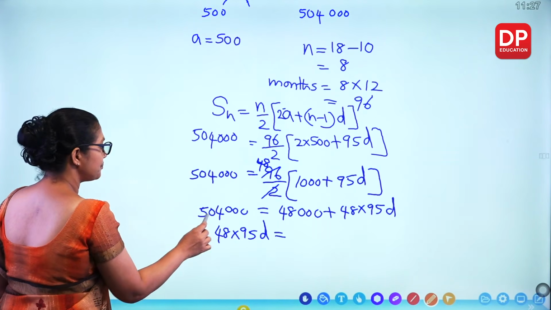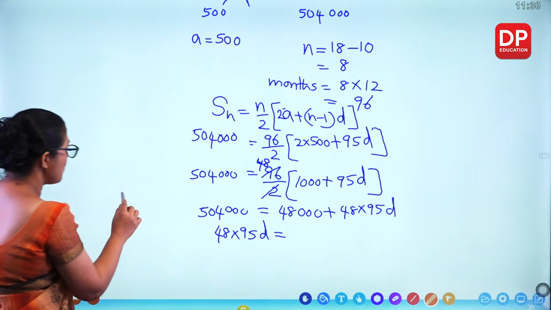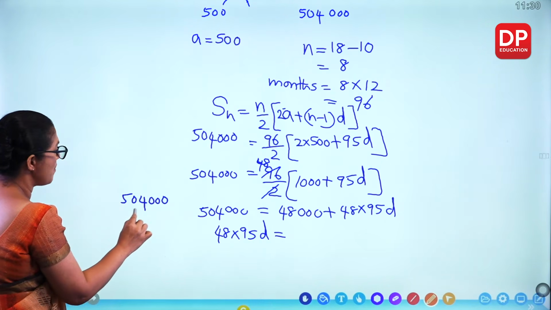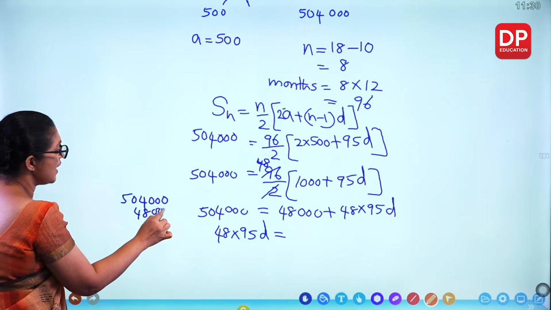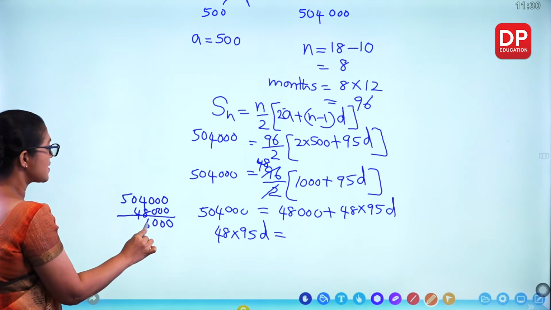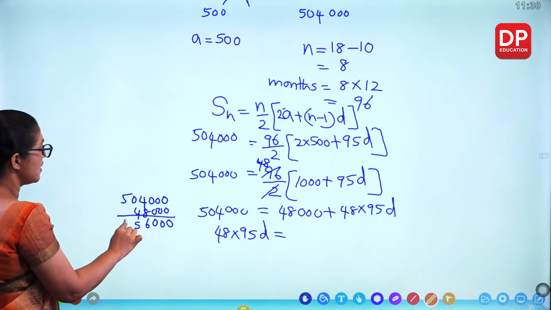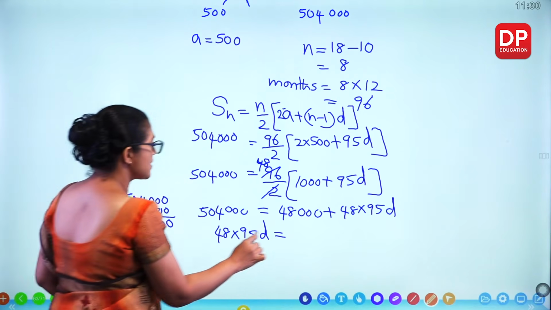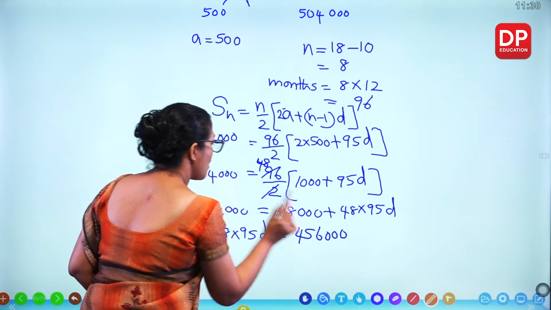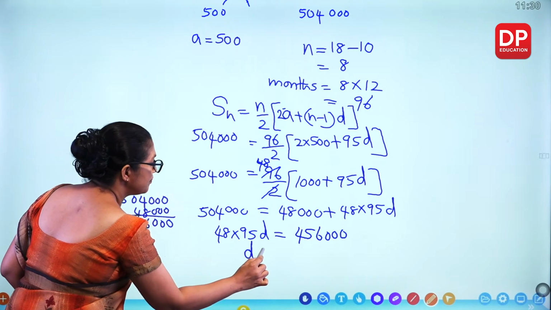equals, so when you subtract 504,000 minus 48,000, what you get? 456,000. Now how can we find D?